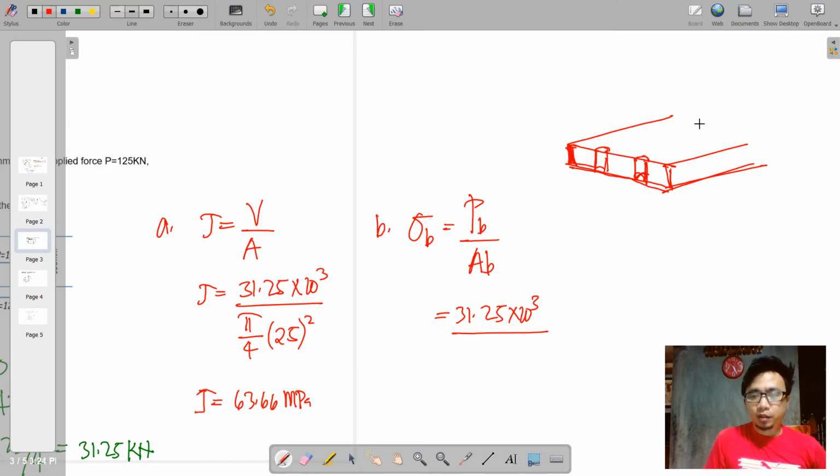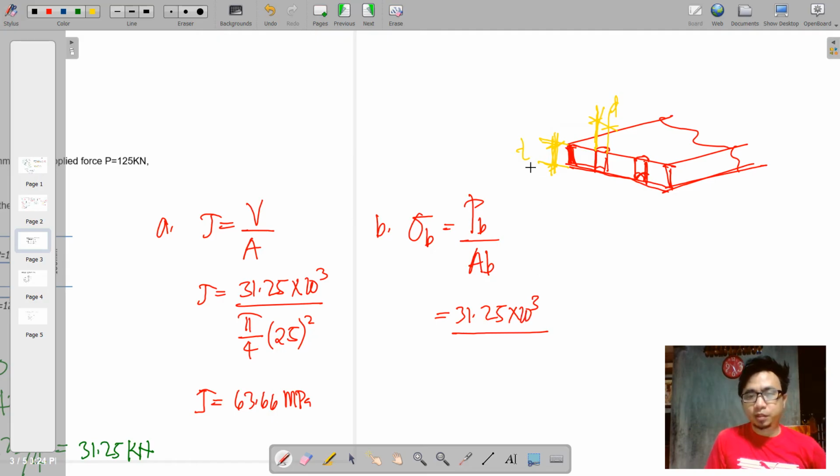So remember that talking about the bearing, we'll just have to utilize the diameter. See, this is the diameter, okay, times your thickness.